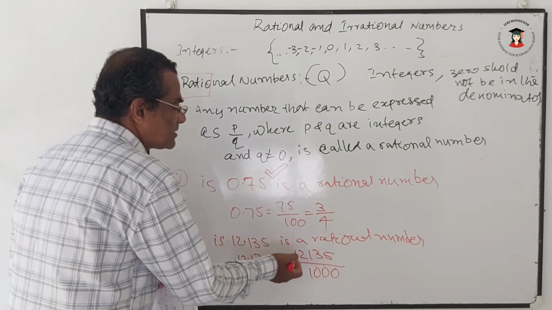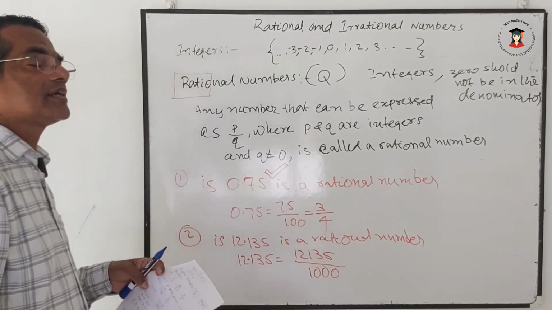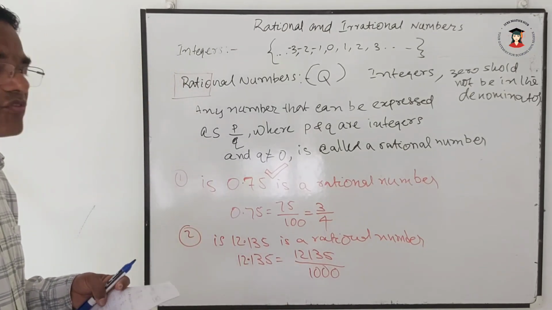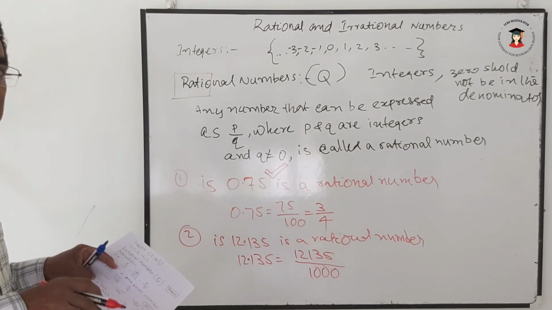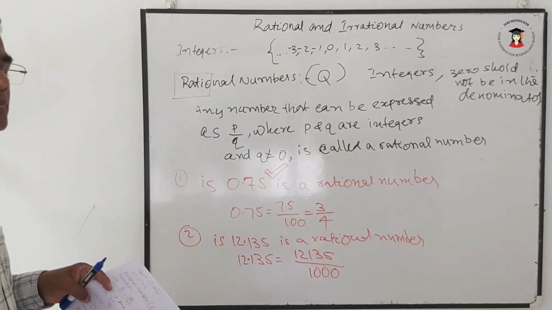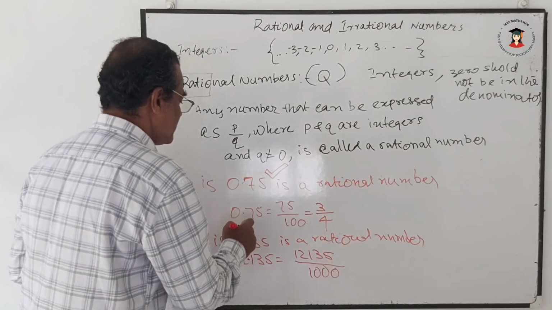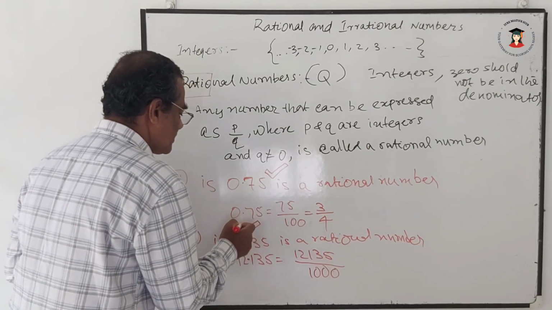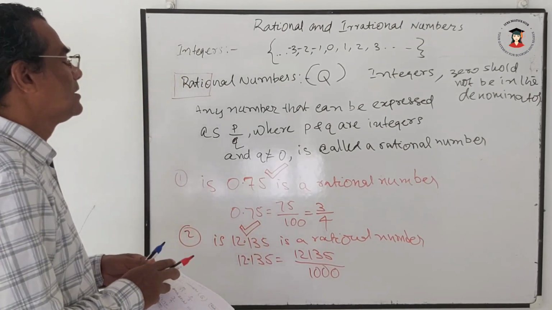That means this number again can be expressed as the ratio of two integers, provided that the denominator is not equal to 0. So this again is a rational number.